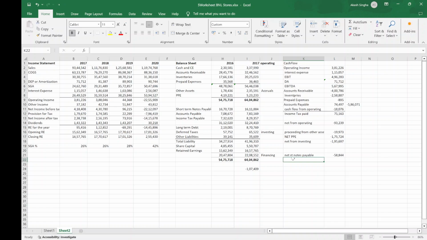Then LT debt, it increased, so cash inflow, or you can think 17 minus 16 because it's kind of a liability or equity.